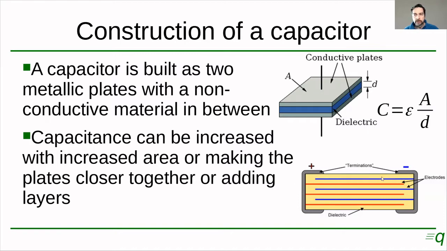That construction is shown here, where we have several layers connected to one terminal and several other layers connected to the other. What we're doing here is pretty much adding up the area of all these layers and creating a higher capacitance for this capacitor, okay?